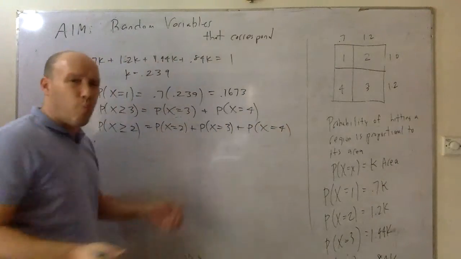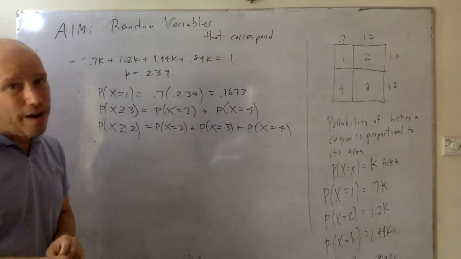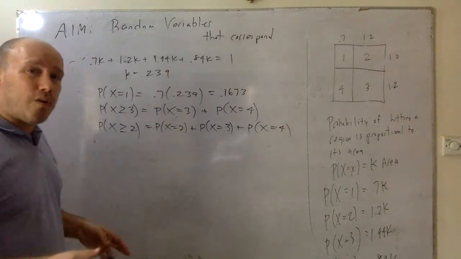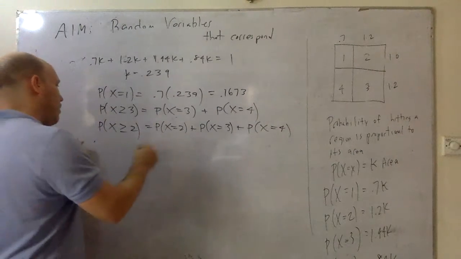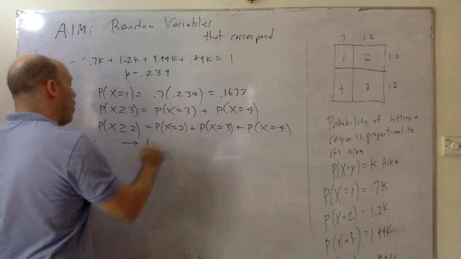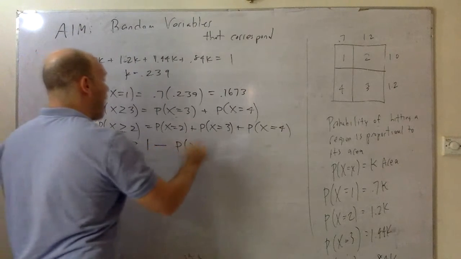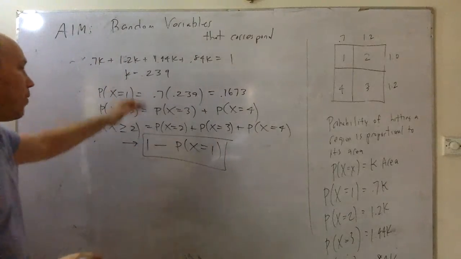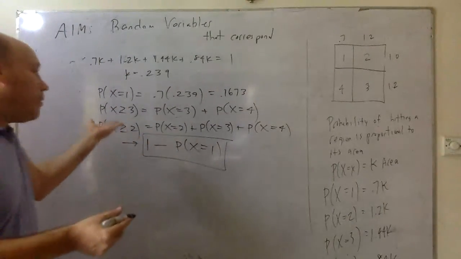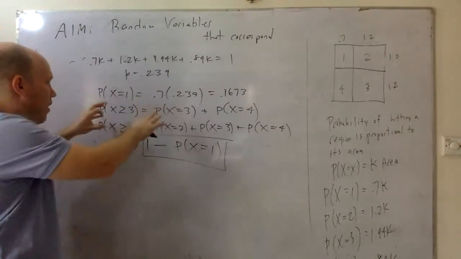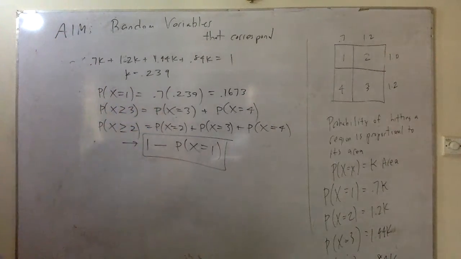But you know what? This is a lot of work. We're mathematicians. We're lazy, right? So anything comes faster, and you say, you know what? This is also equal to 1 minus the probability that X equals 1. So this is your faster way of doing that. And these are things we will be practicing, this idea of these probabilities.